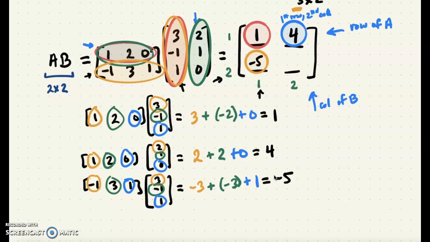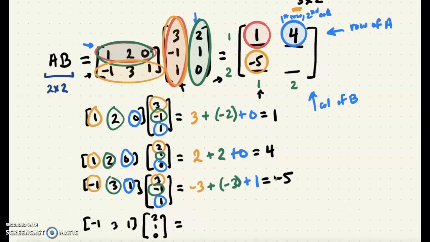And finally, the element in the second row, second column of the product is going to be the dot product of the second row of A and the second column of B. So let's compute that. Negative 1, 3, 1 times 2, 1, 0.